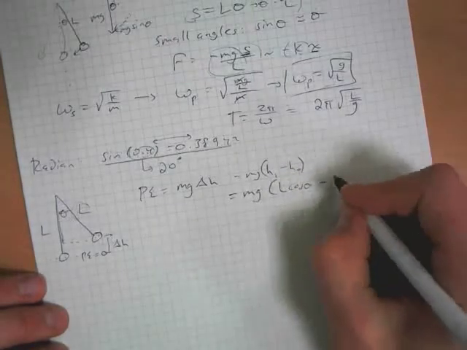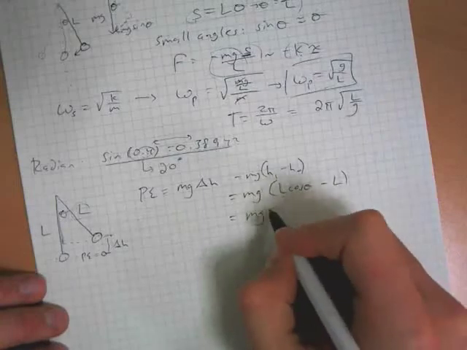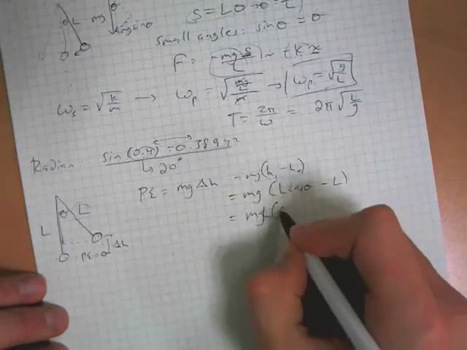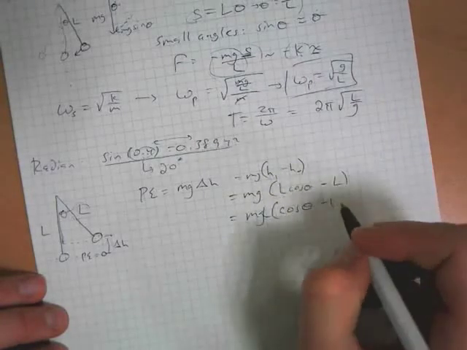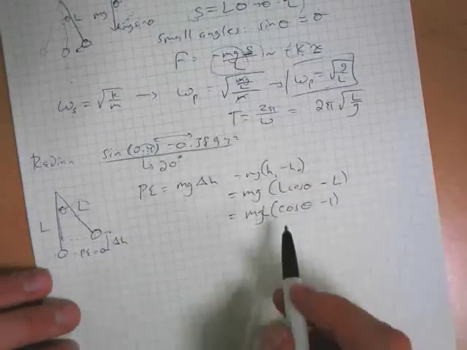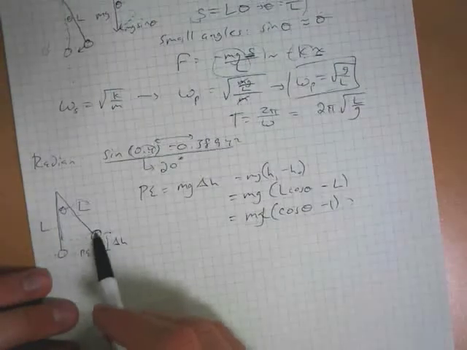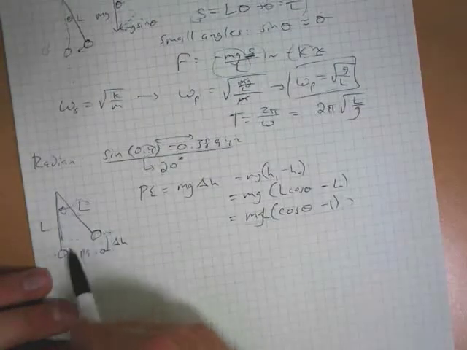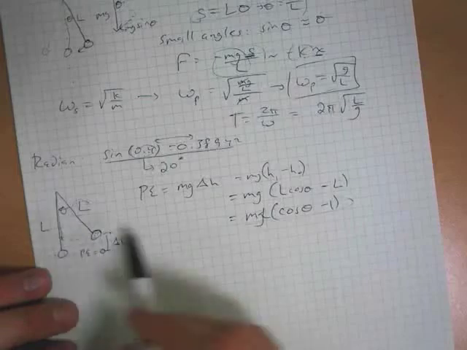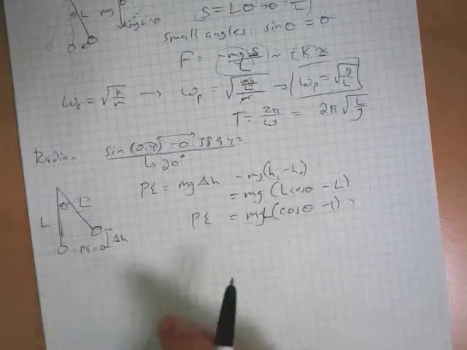That's minus L. So our potential energy at a given point is mgL times cos theta minus 1. Right. So this is the potential energy at any given point on the pendulum's arc. And we can use that to solve energy problems.